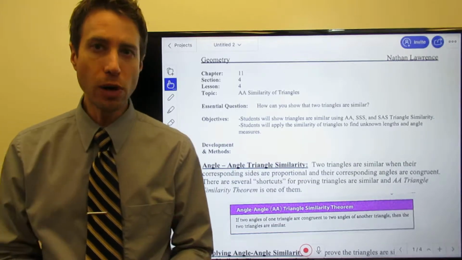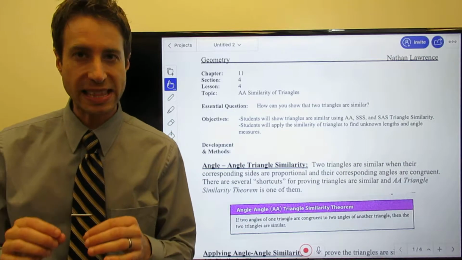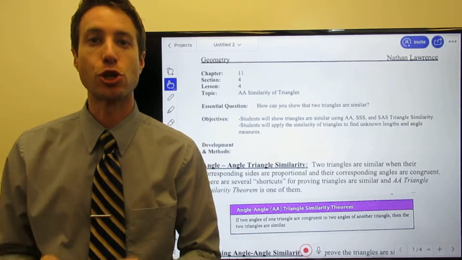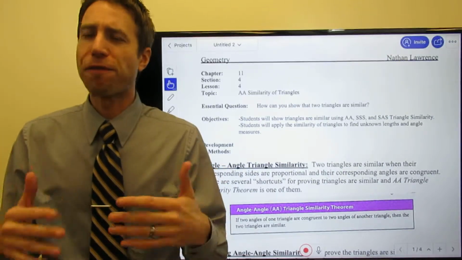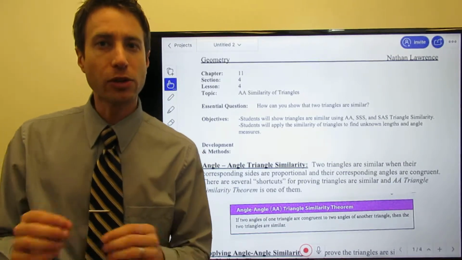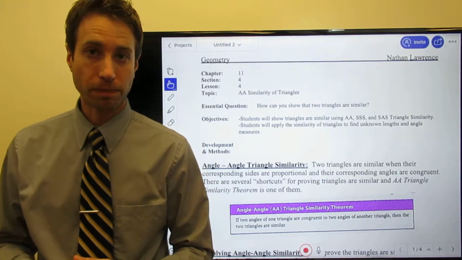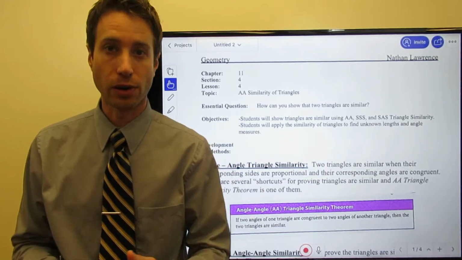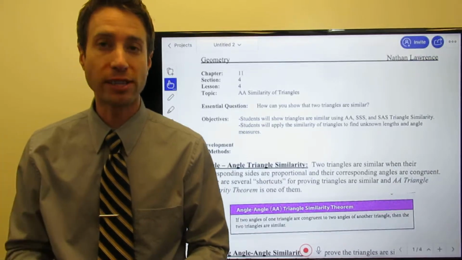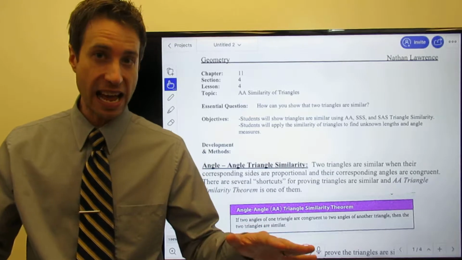I don't know about you, but I prefer not to work so hard. And so we began to look at some shortcuts. Are there faster ways to prove that triangles are congruent? And we learned some theorems like the side-angle-side theorem, the side-side-side theorem, or the angle-side-angle theorem. Those theorems cut our work in half.